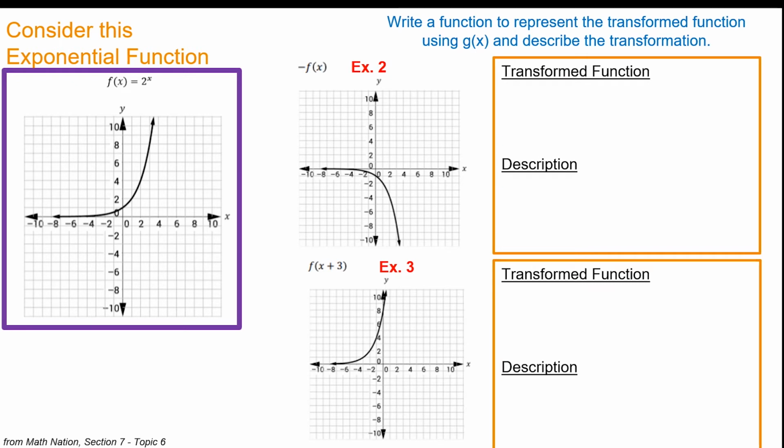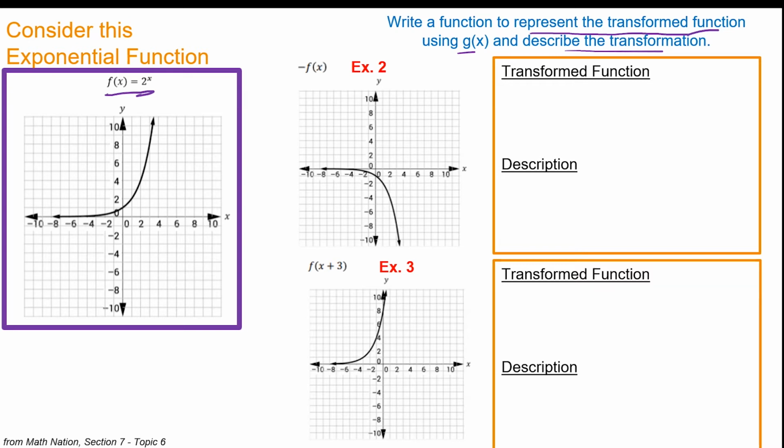All right, so let's take a look at examples 2 and 3 here. In our next few problems, we're going to consider the exponential function f of x equals 2 to the x power. In each one, we're going to write a function to represent the transformed function using g of x and describe the transformation. Our first one, we have negative f of x.